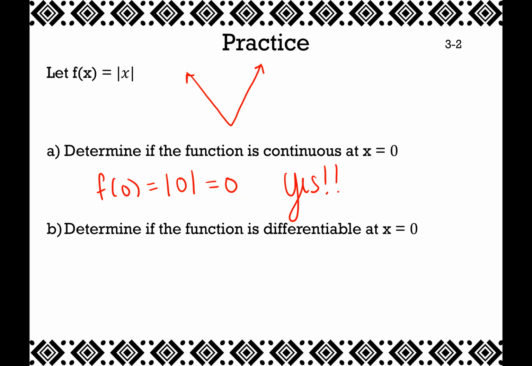So that's definitely continuous. Is the function differentiable at x equals 0? That's a big fat no, because it is a corner. There's no way to find a tangent line slope at that point.